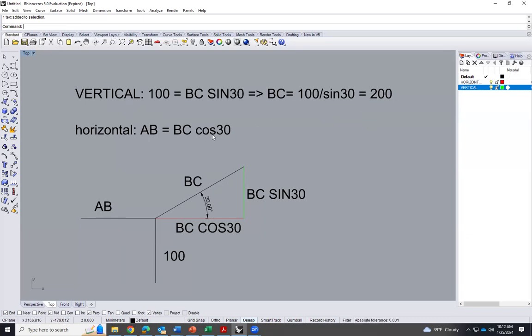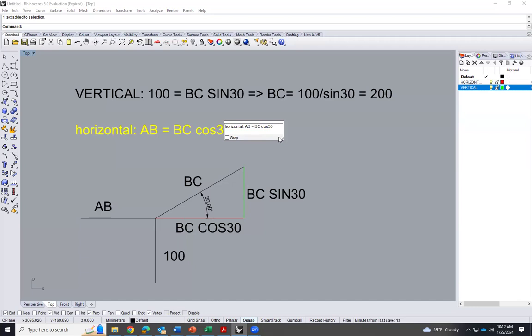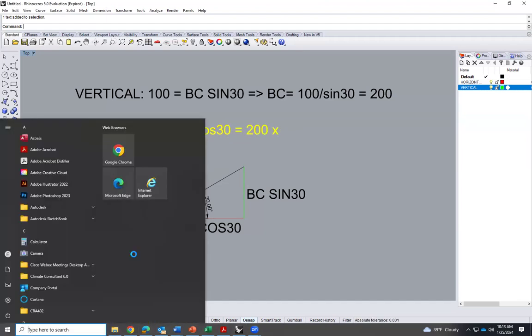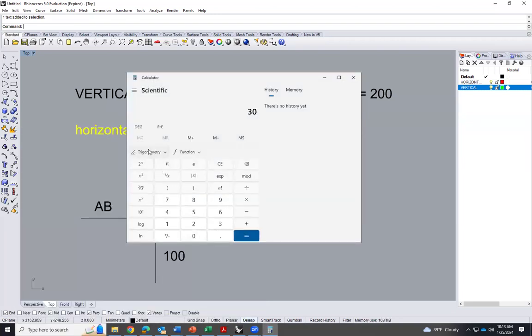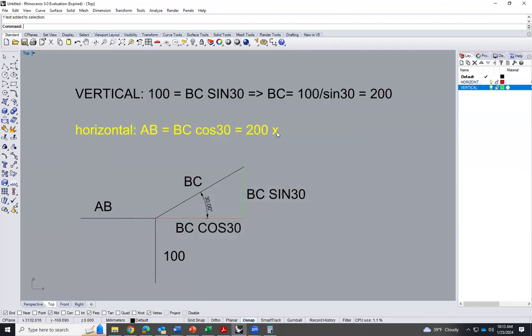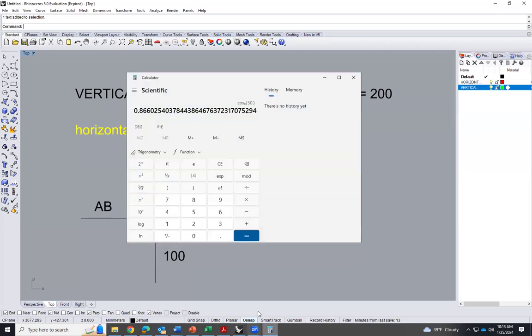This is BC. And then how much is AB? AB equals BC, which is 200, times cosine 30. I think it's 0.8, but we're going to check: 30, trigonometry, cosine, it's 0.86. So this will be times 0.86, times 200.